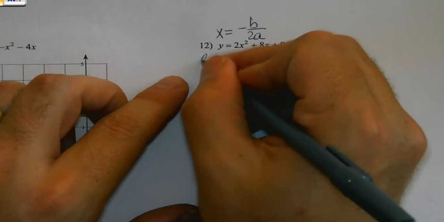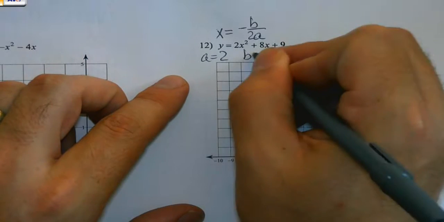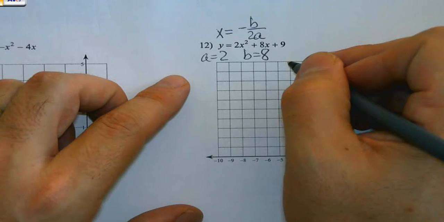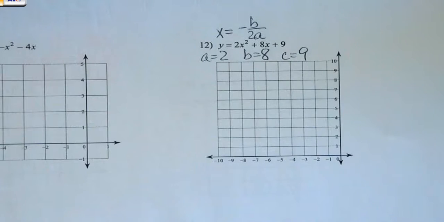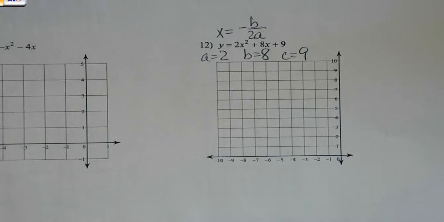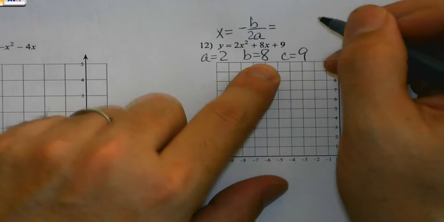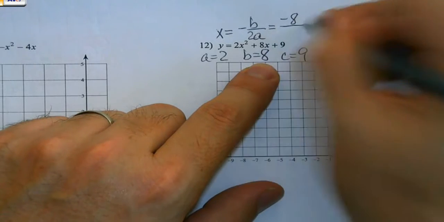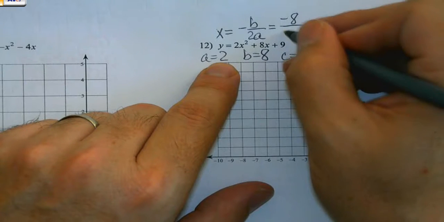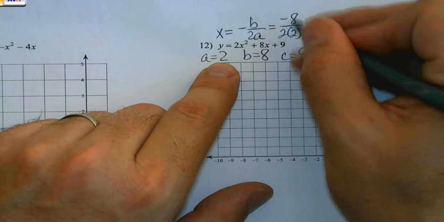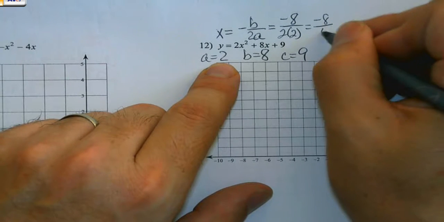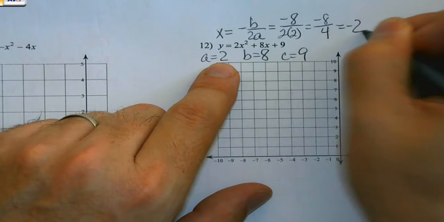If we need a little review, my a is my value in front of x squared, my b is my value in front of x, and my c is my value on the end that we call our constant term. So we have the opposite of b. The opposite of 8 is negative 8 over 2 times a, or 2 times 2, which is 4. So negative 8 divided by 4 is negative 2.